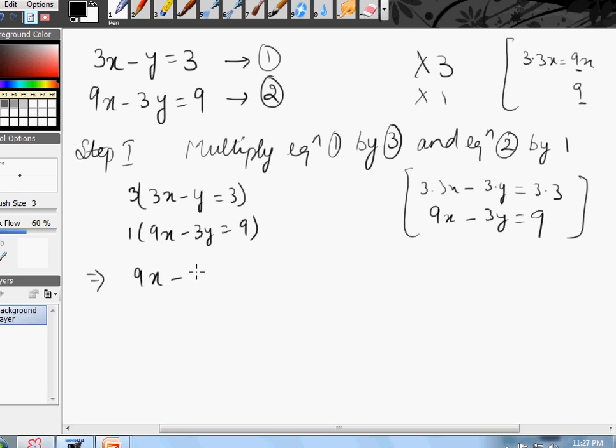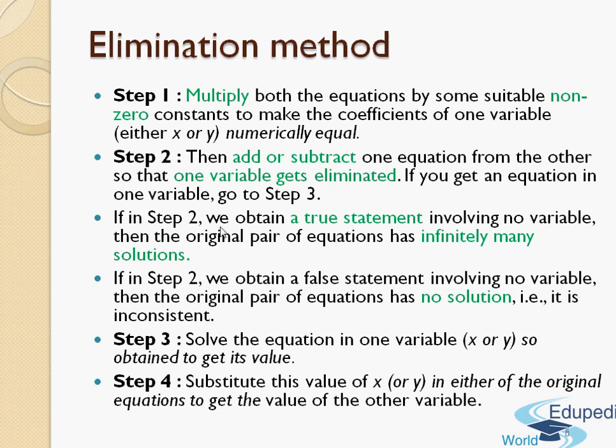Therefore, the first equation has become 9x minus 3y equal to 9, whereas the second equation is also 9x minus 3y equal to 9. Now, we are done with the first step.